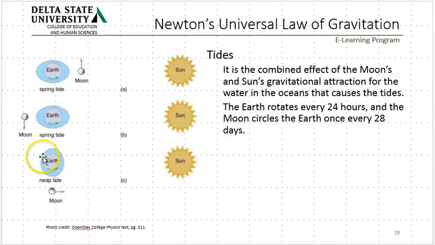The Moon is the dominant one here simply because it is so much closer. The Sun's way over here. So the combined effect is a 24-hour cycle to tides. They're predictable, and there are the 24 hours and the 28 days that it takes the Moon to go around the Earth, which interact in a way that makes charting tides an interesting long-term prospect.